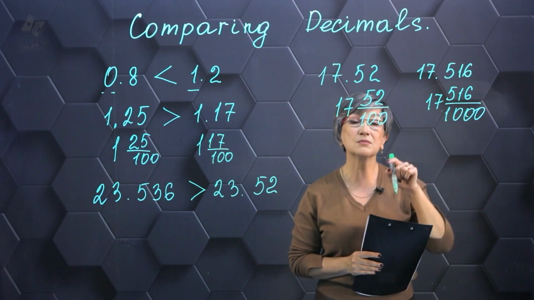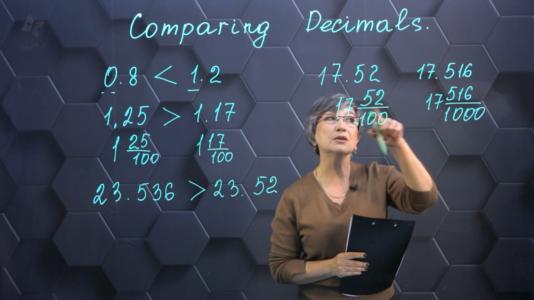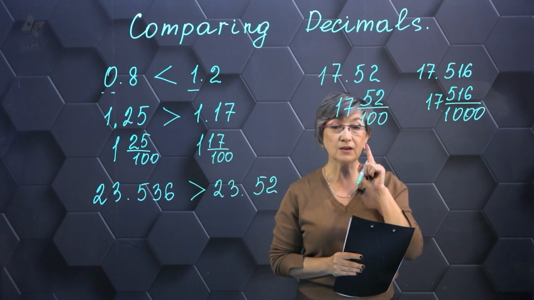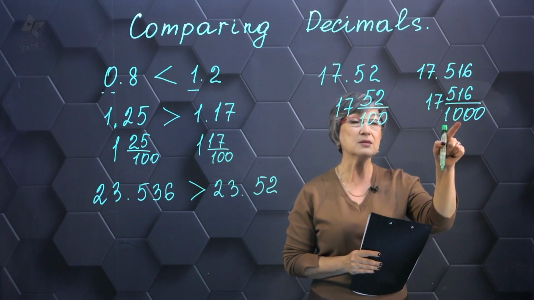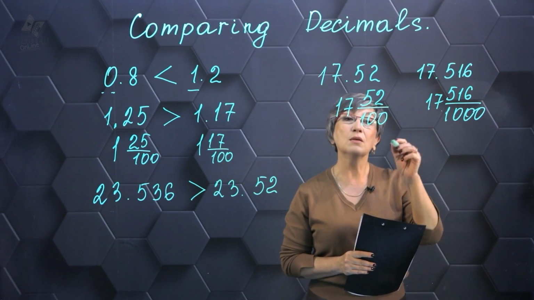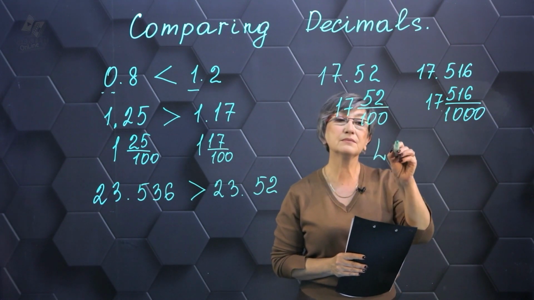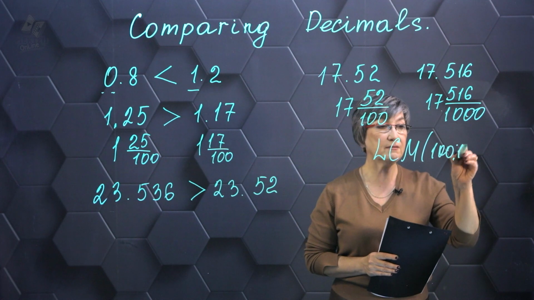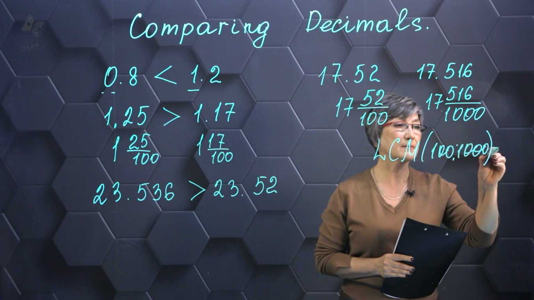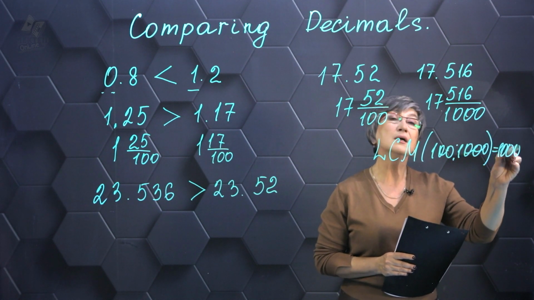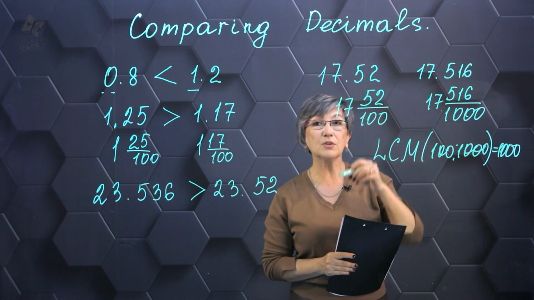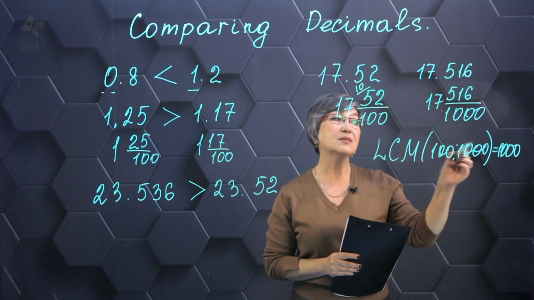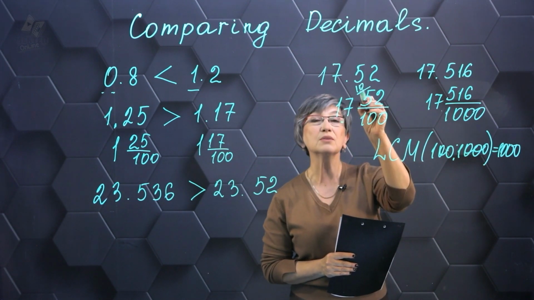17 whole parts equals 17. But the fractional part has a different denominator. So first I have to get to the common denominator. The common denominator of 100 and 1000 equals 1000. So I bring the first fraction to the denominator of 1000. That is, I multiply it by 10. 1000 divided by 100 is 10.